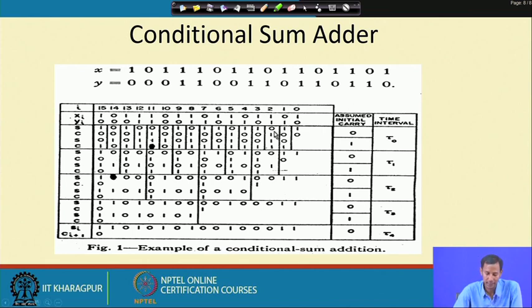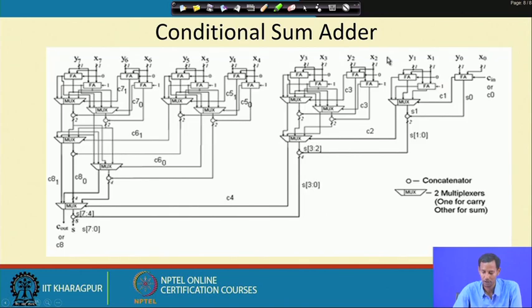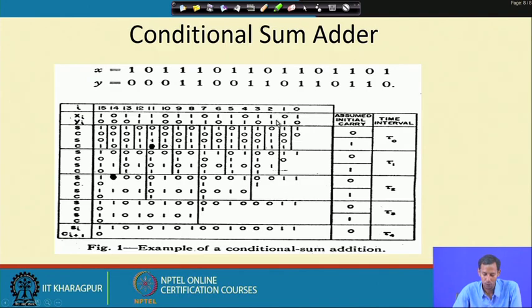Then for the second position, y 2 and x 2, what is the value? For y 2 and x 2, I am getting 1 1, so I will get sum equals 0, carry equals 1, and for 1 1 with carry 1, both are 1. Okay.